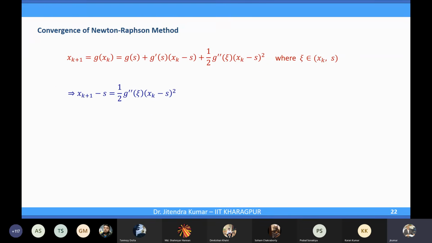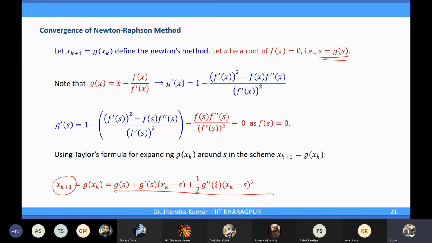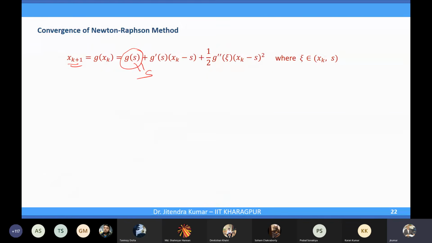Now g(s) is s, as per our definition, s = g(s). So we have xk plus 1 minus s. You know g prime(s)?